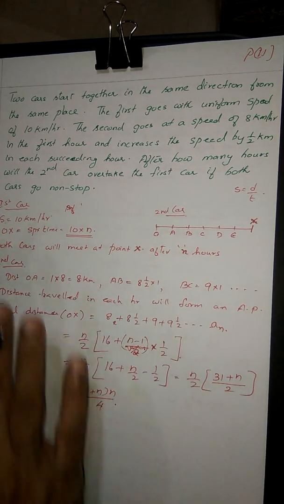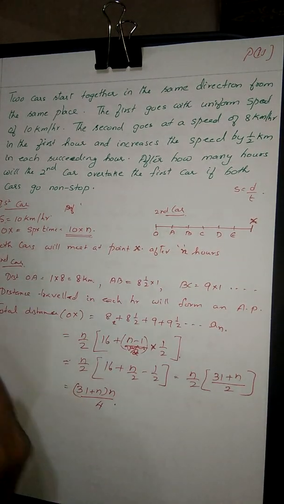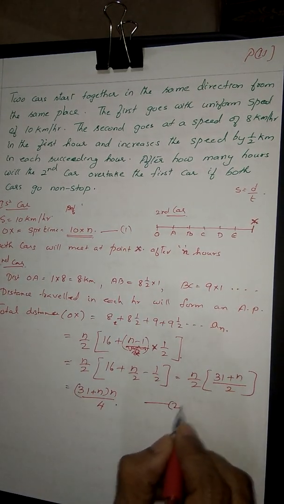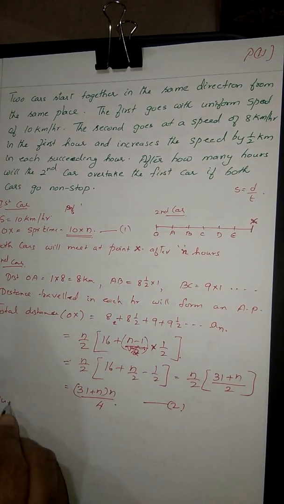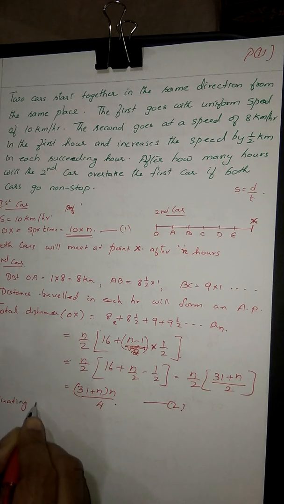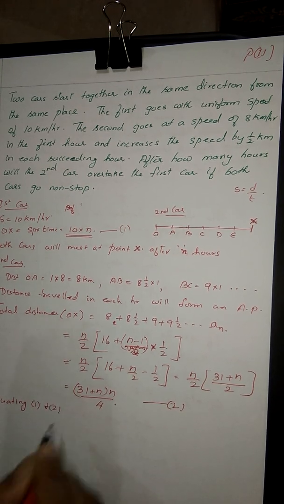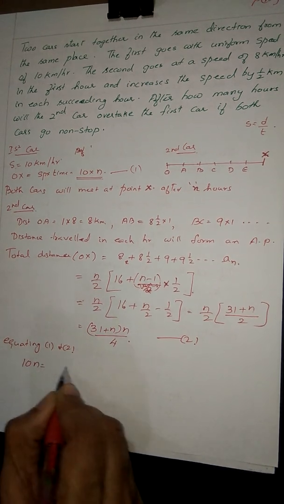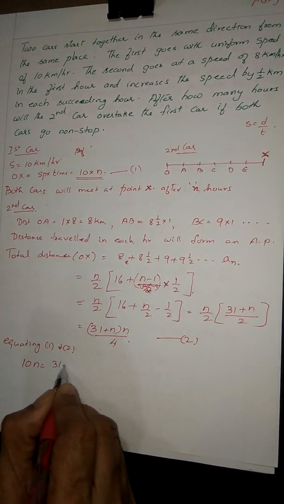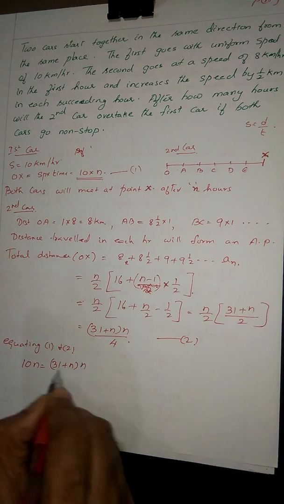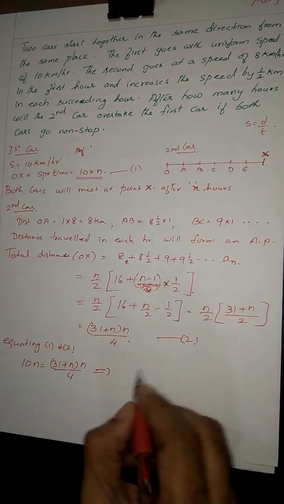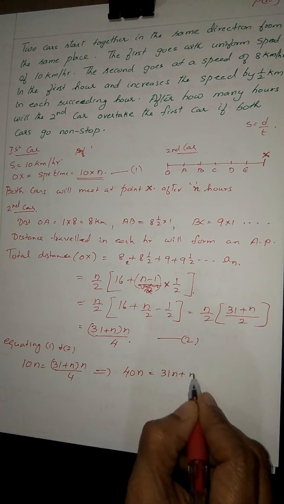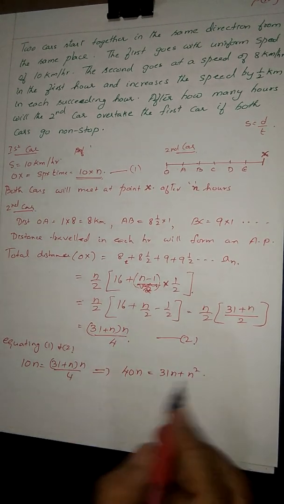Now the distance is the same. So equating 1 and 2, you get 10n is equal to 31 plus n into n by 4. You get 40n is equal to 31n plus n squared.